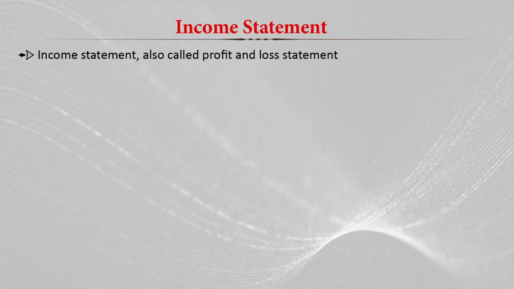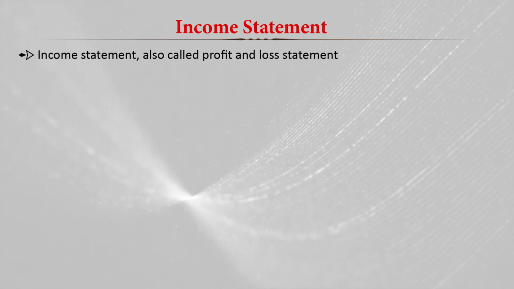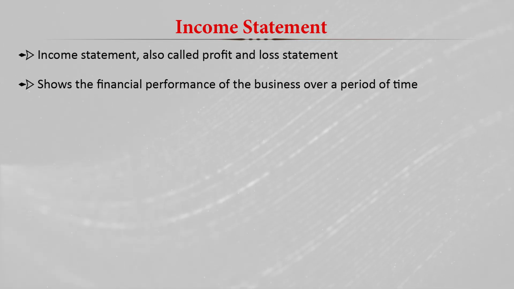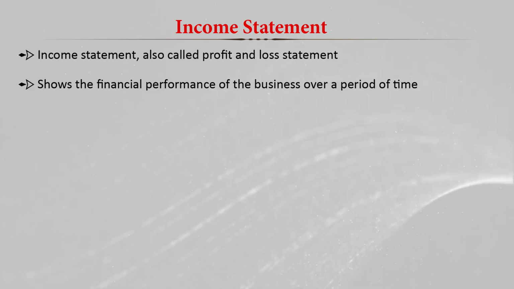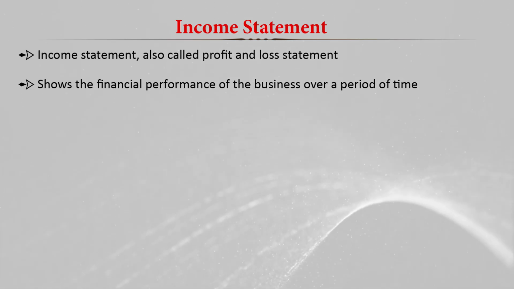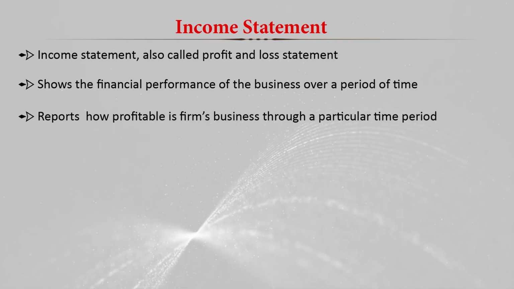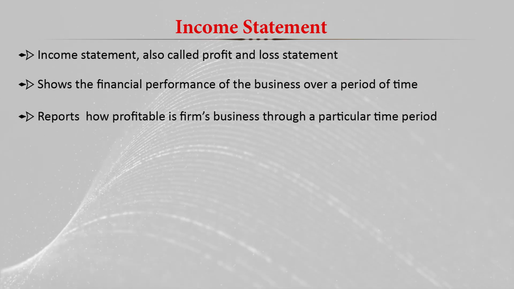The income statement is also called a profit and loss statement, and it shows the financial performance of a business over a period of time, say 1 year or a quarter. It reports the profit of a business for a particular period of time.